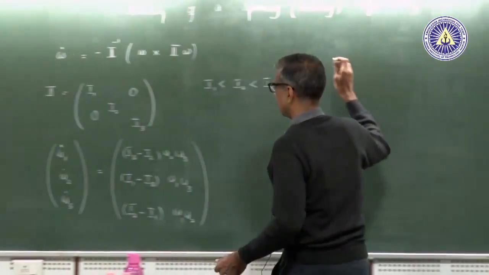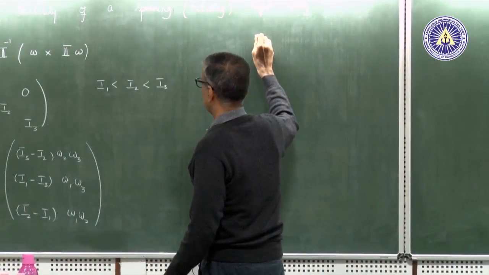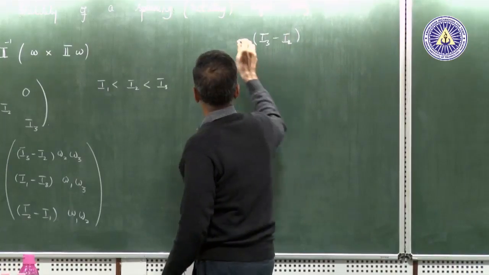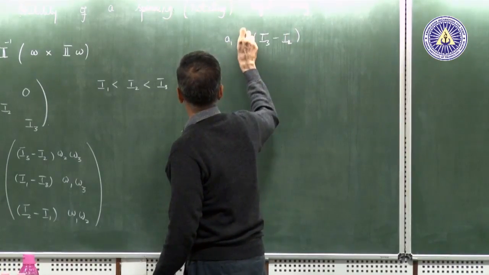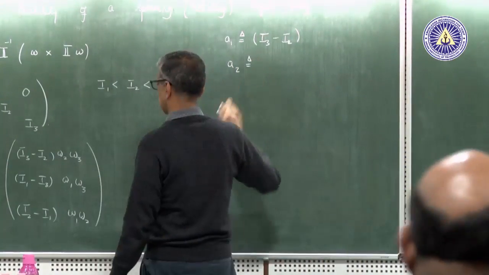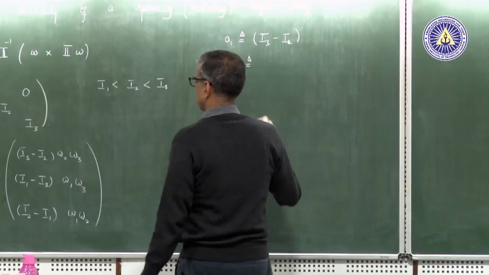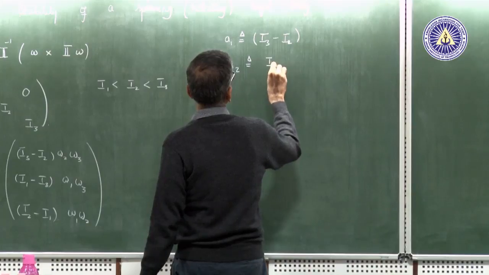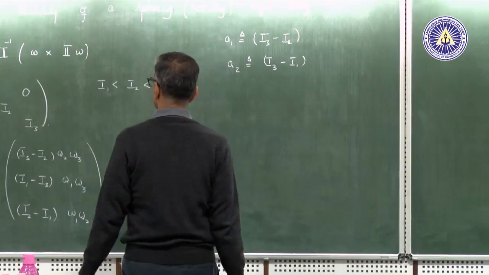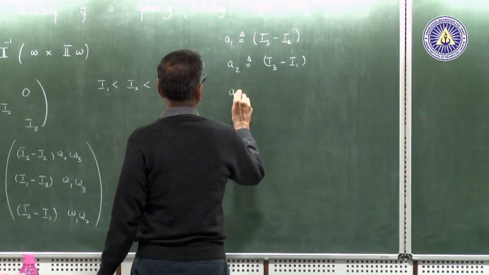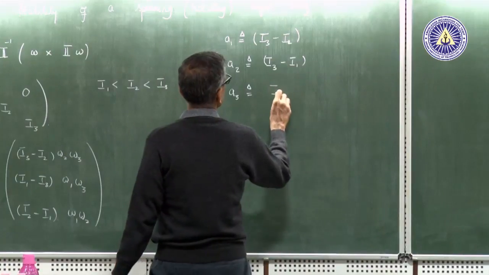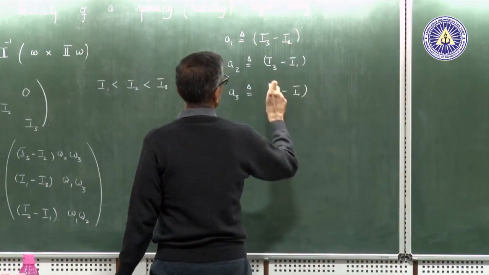So, let us call I3 minus I2 as A1, okay, A2 as I3 minus I1, and A3 as I2 minus I1. Okay.